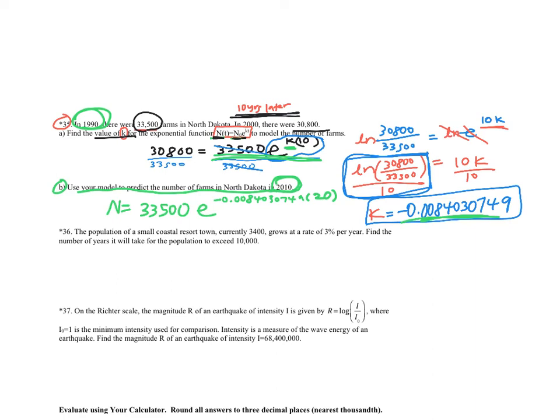So just type all of this in one go, and you would get about 28,317.6... So it would be about 28,317 farms. Again, I would tell you specifically what you would need to round to.